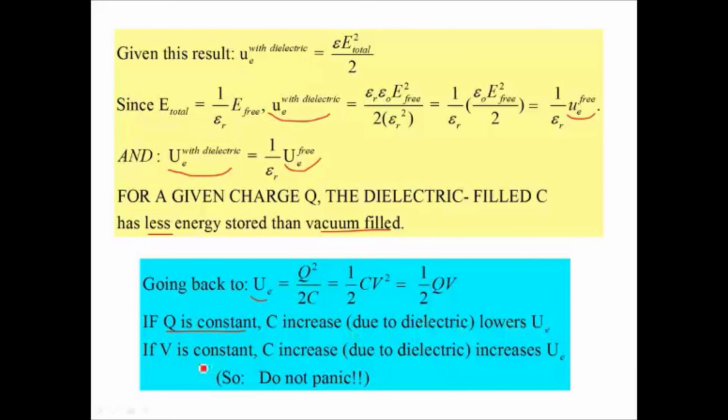If V is constant and C is increasing due to putting in the dielectric, it increases the U sub B. Do not panic. We're going to go through this again where we actually take a parallel plate capacitor and push and pull the dielectric around.